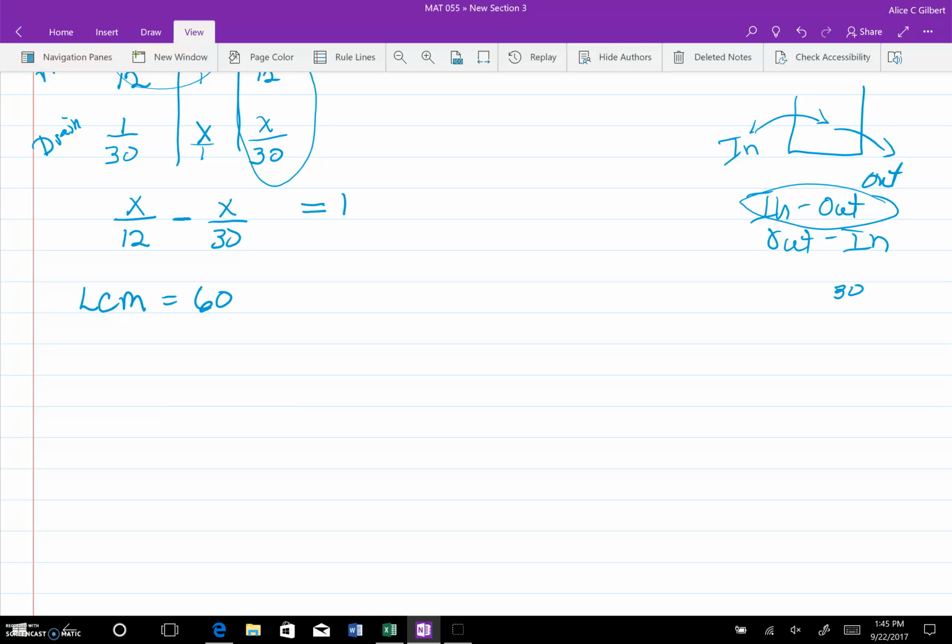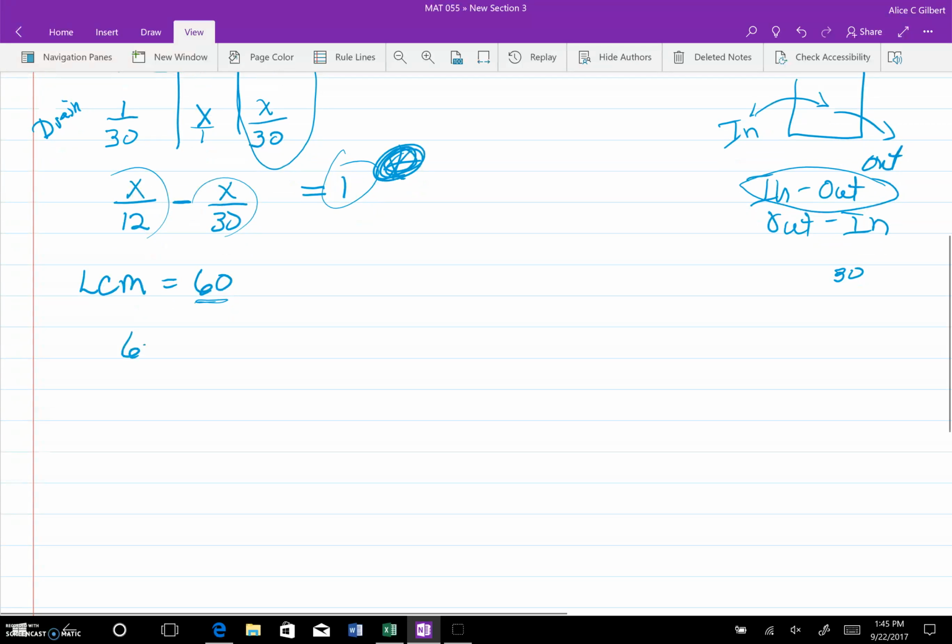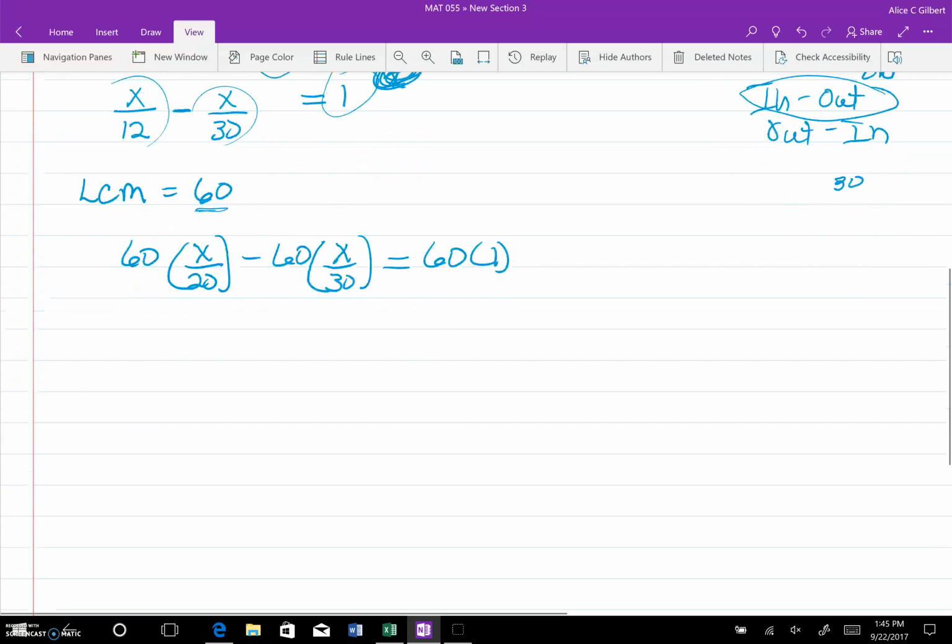And remember, I have to multiply this with every single term, especially this one. We forget this guy all the time. So 60 times x over 12 minus 60 times x over 30 equals 60 times 1. Okay?